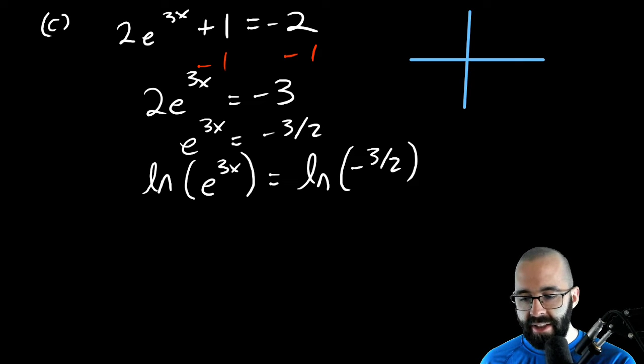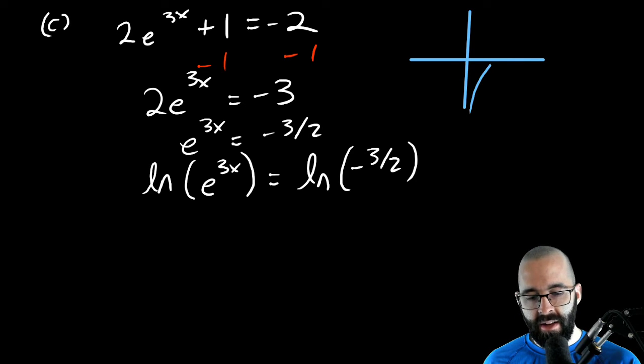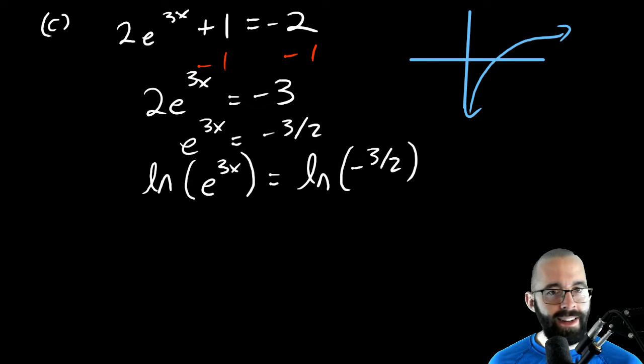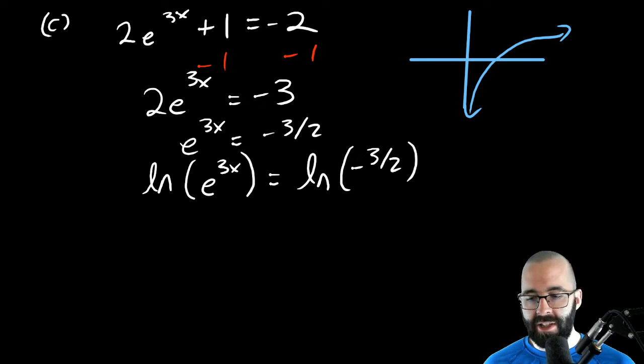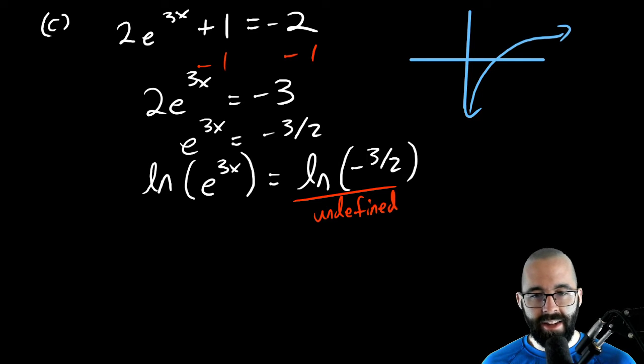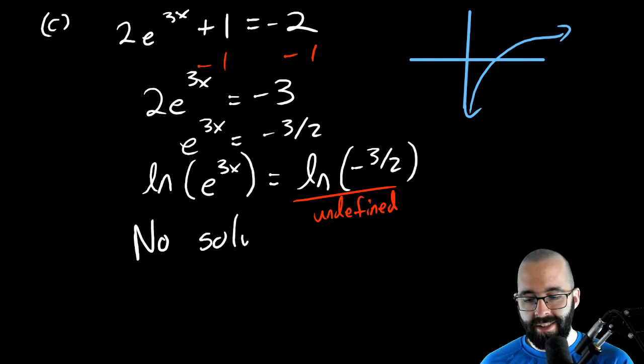If we look at the graph of the natural log, you can't plug a negative into a natural log function. This is undefined. That's a problem. There is no answer here. There is no solution.